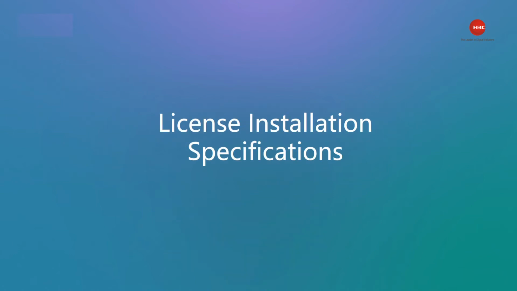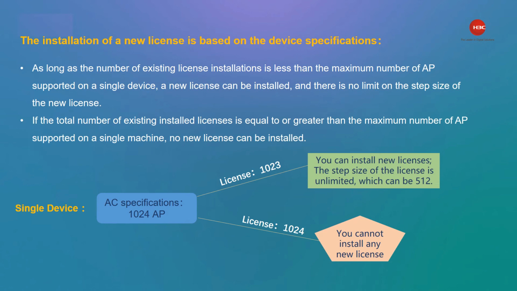Next, let's look at the license installation specifications. After understanding the sharing feature of the license, we will take a look at how to install the license on the AC. The installation of a new license is judged based on the device specifications.